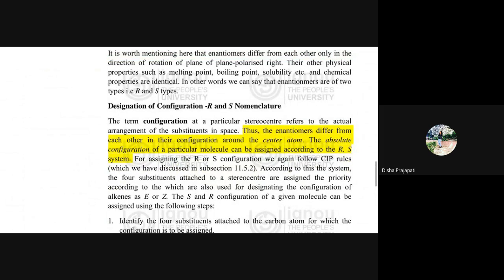The term configuration at a particular stereo center refers to the actual arrangement of substituents in space. Thus, the enantiomers differ from each other in their configuration around the center atom. The absolute configuration of a particular molecule can be assigned according to R and S system.